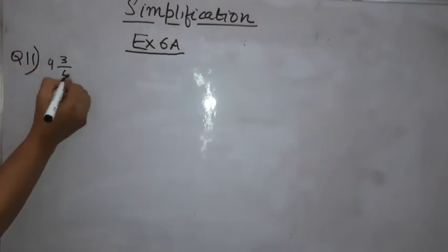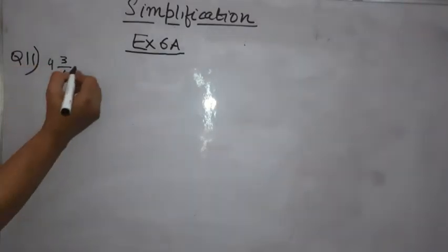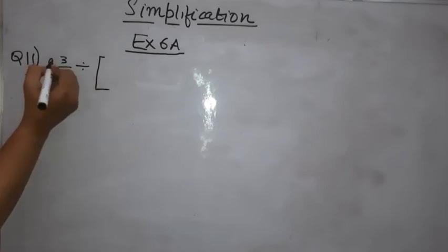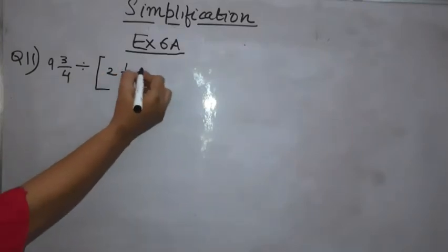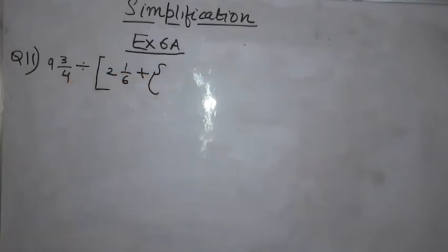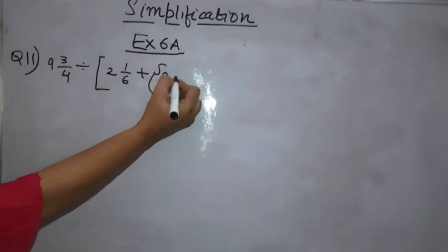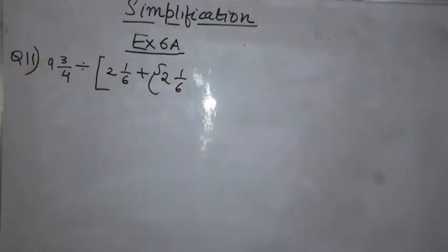9 whole 3 upon 4 divided by big bracket 2 whole 1 upon 6 plus curly bracket. You have to name the brackets while reading the question so that you remember which bracket is which one.